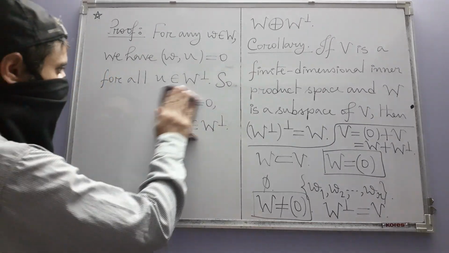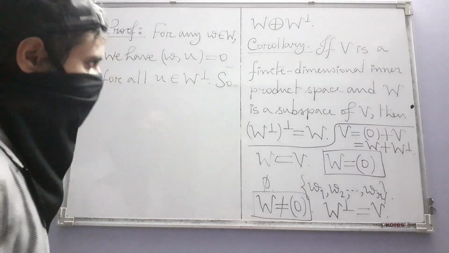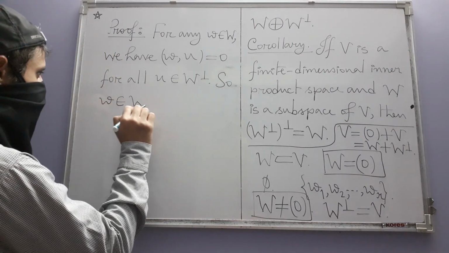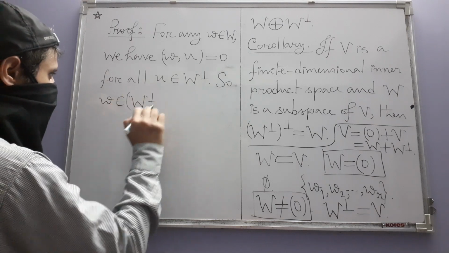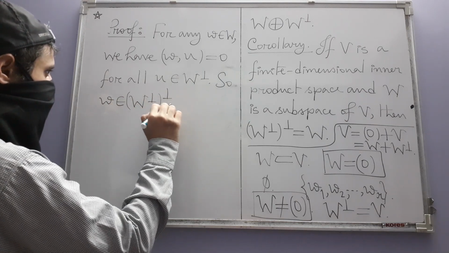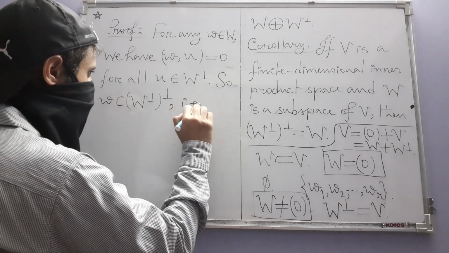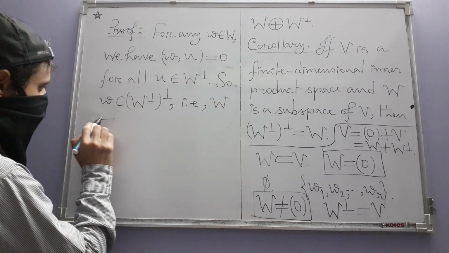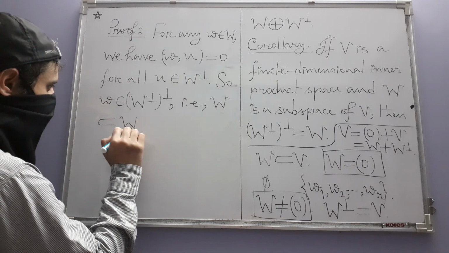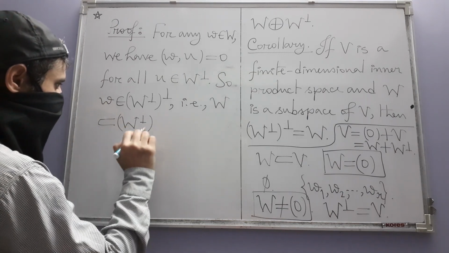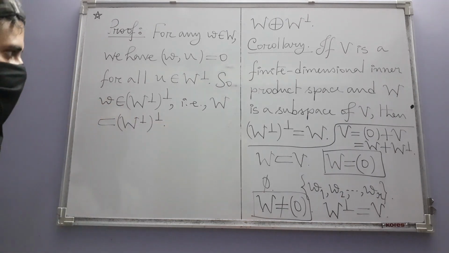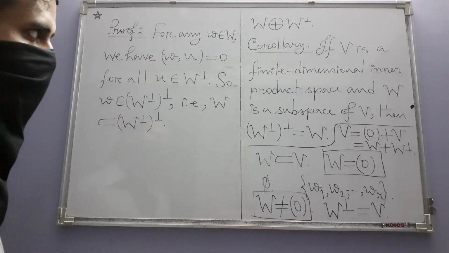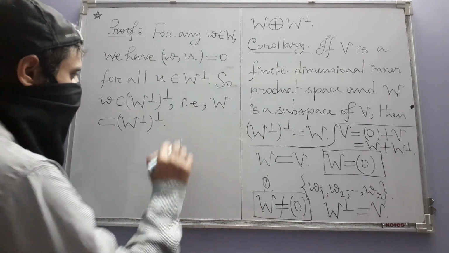So w belongs to this subspace, i.e., our original subspace W is a subspace of this. Okay. And now we are going to use finite dimensionality.